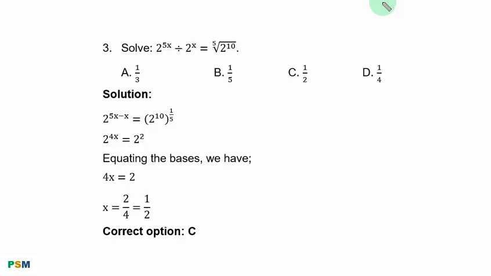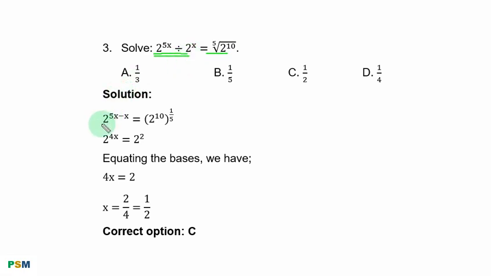Question 3. Solve 2 power 5s divide by 2 power s equal to 5th root of 2 power 10. Solution. Here you apply division law of indices. You have the same bases being divided.